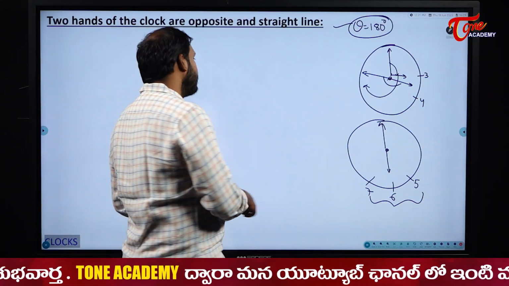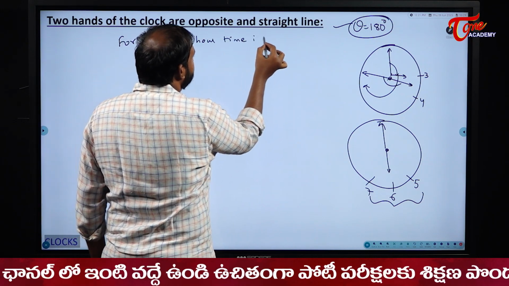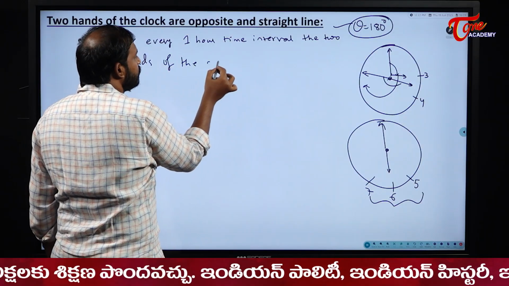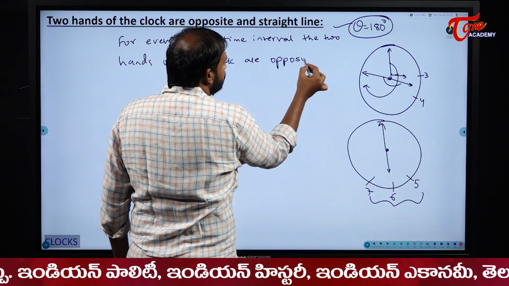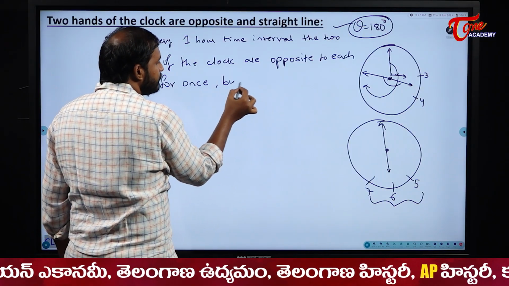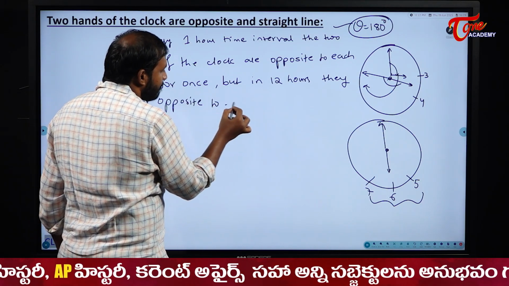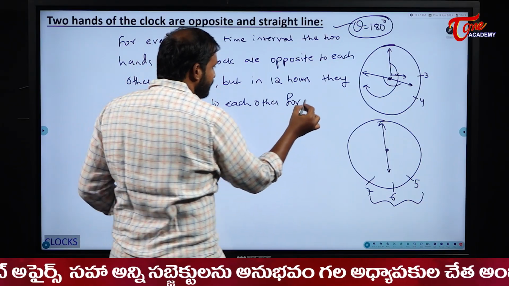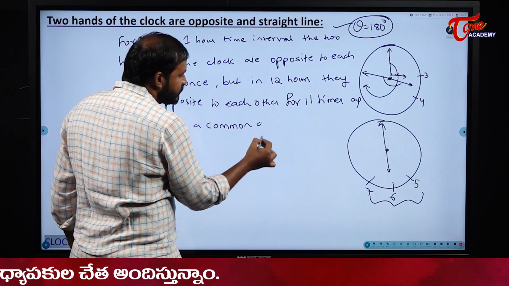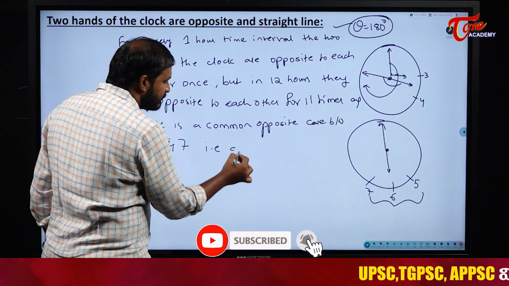Okay, so the same thing, write down. For every 1 hour time interval, the two hands of the clock are opposite to each other once, but in 12 hours they will be opposite to each other 11 times, as there is a common opposite case between 5 and 7, that is at 6 o'clock.